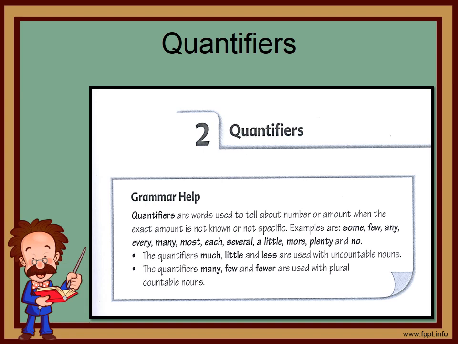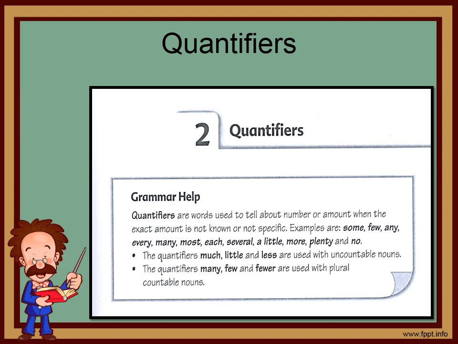If you know the number of anything, then we use the number with that: 1, 2, 3, 4, like that. Or we use indefinite articles, a, an. But if the amount is not known or not exact, it means you don't know the exact amount, then we use quantifiers.